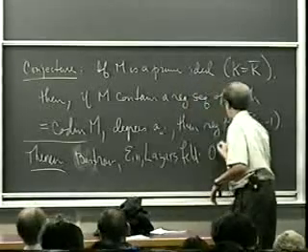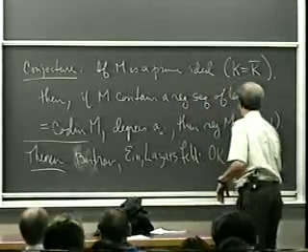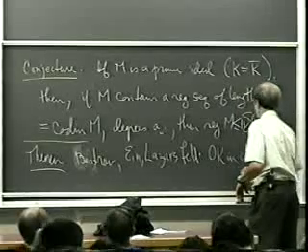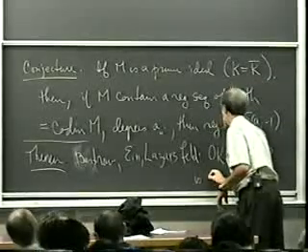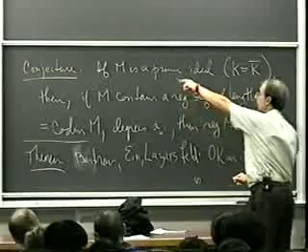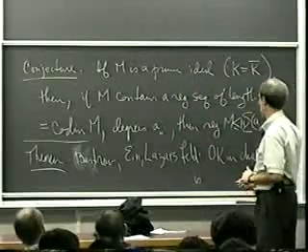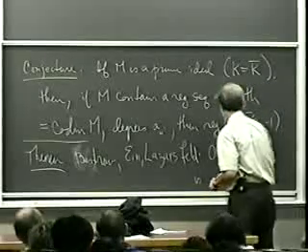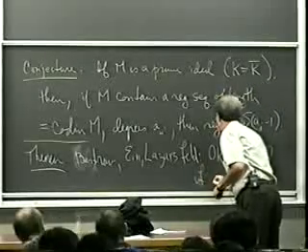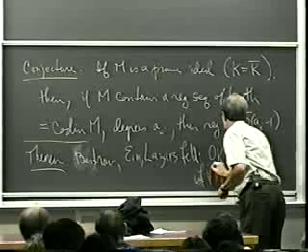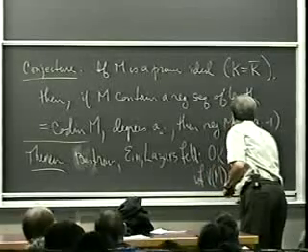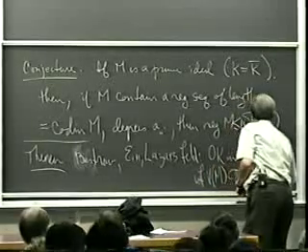This is okay in characteristic 0 if the projective variety represented by M is smooth. If M, let's say V of M, in projective space is smooth.